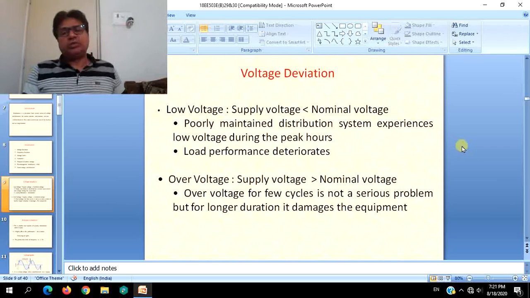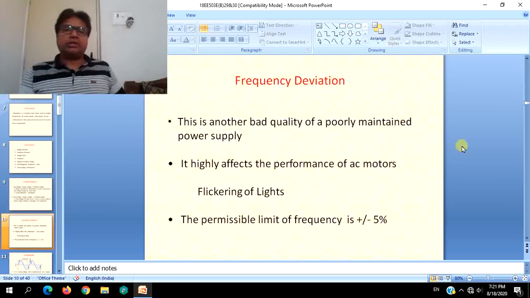Voltage deviation where low voltage and over voltage may occur. Frequency deviation again within the tolerable limits of plus or minus 5%, that is 47.5 to 52.5 Hz for our country, so that operation of all the AC equipment and the light equipment will be proper.